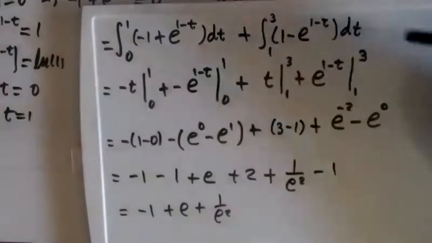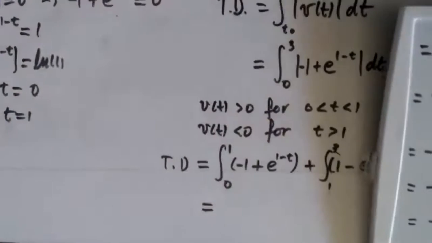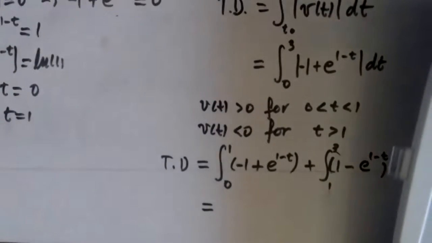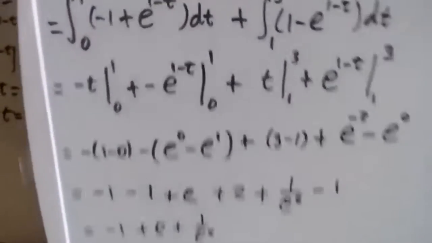A ver, by this time, you should not have problems with this, correct? Yeah, because remember, there is no calculator for this one. So this is the part you have to solve on your own. Obviously, I don't know how many points are going to be given for this one.